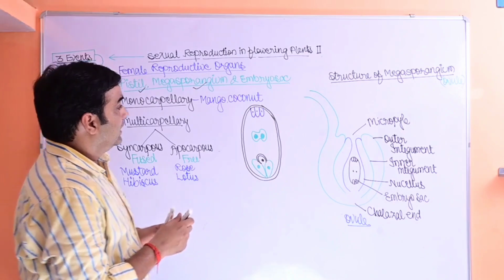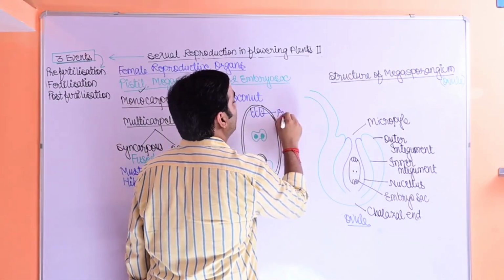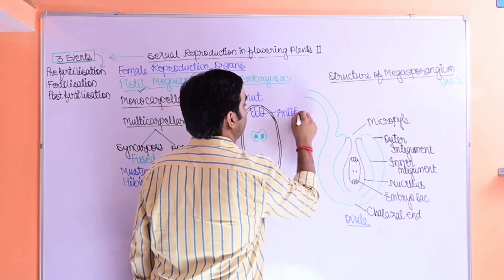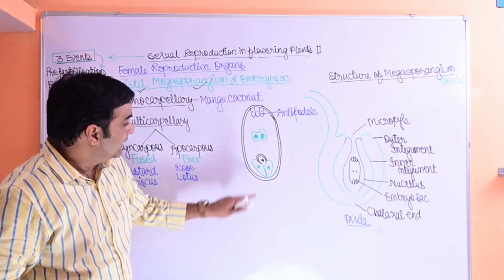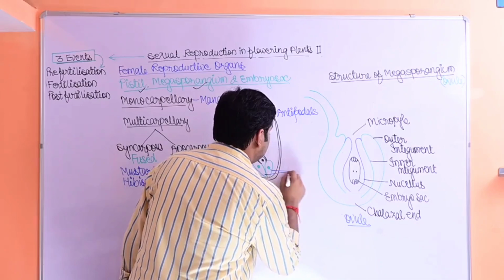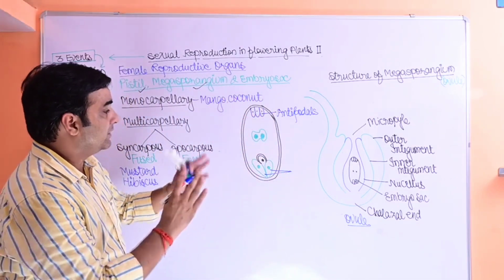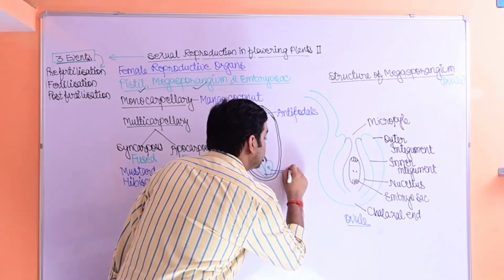What are those cells? These 3 are called antipodals. These 2 cells I have drawn in green color, they are not actually green in color; I have just differentiated them with a different color of marker. These are called synergids.